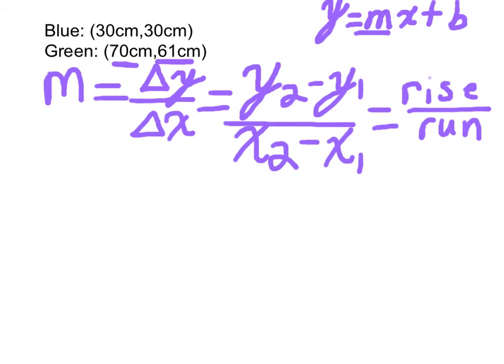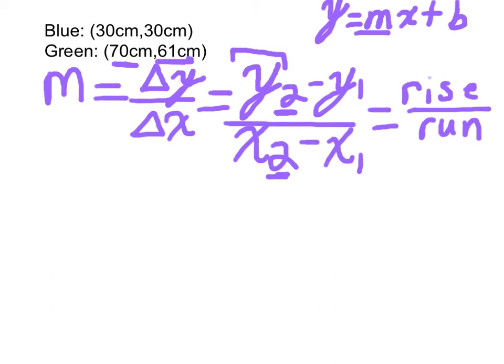Right, so let's go ahead and calculate that. Remember, whichever y I choose to use, the green or the blue one, if I use a point for y2, I've got to use that same point for x2. So if I use the 61 centimeters on the green for my y2, I've got to use the 70 centimeters on the green for x2. It doesn't matter which one you pick, the blue or the green, to be the coordinate for y2 and x2. If I pick green to be y2 and x2, I'll get a positive number divided by a positive number.